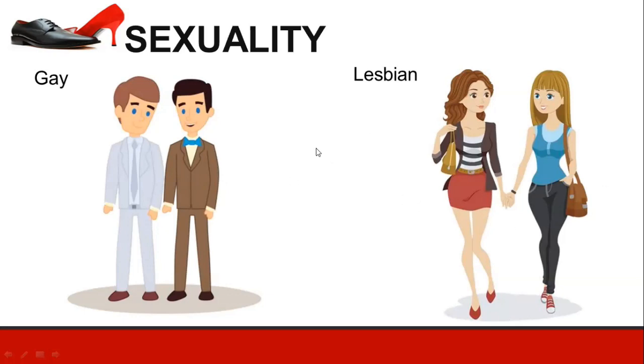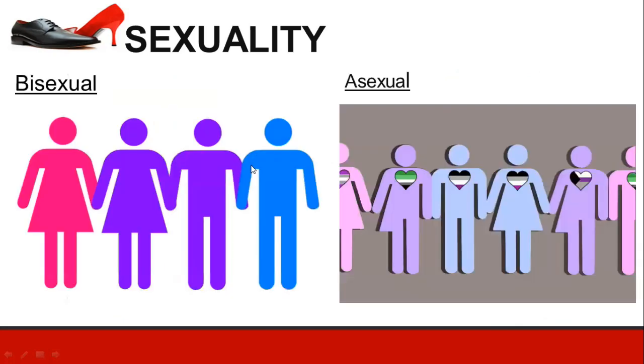Okay? So next one, we have bisexual and asexual. Bisexual people are attracted to both female and male, or both men and women.